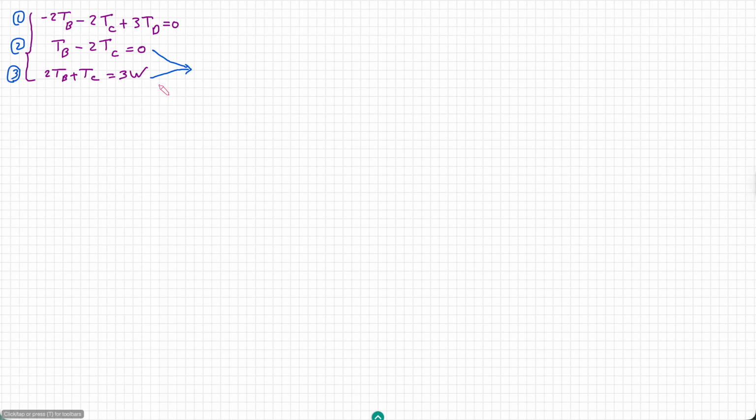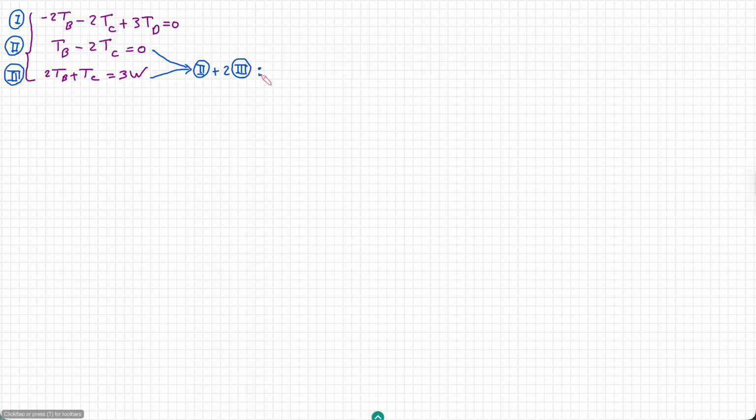Hold on, I think a different notation is better. Equations 1, 2, 3. Okay, now if I multiply this by 2 and add it to this, I mean equation 2 plus 2 times equation 3.